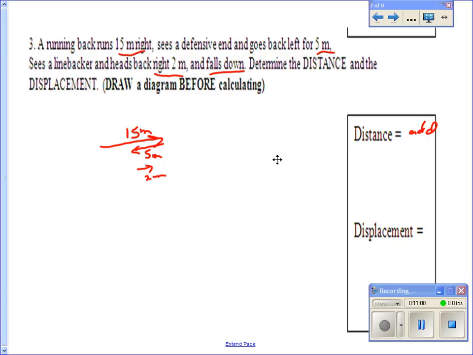Distance, add them up. 15 plus 5 plus 2. That is 22 meters. No directions. Displacement, positives and negatives. Positive 15 plus a negative 5 plus a positive 2. So that is 12 meters right.